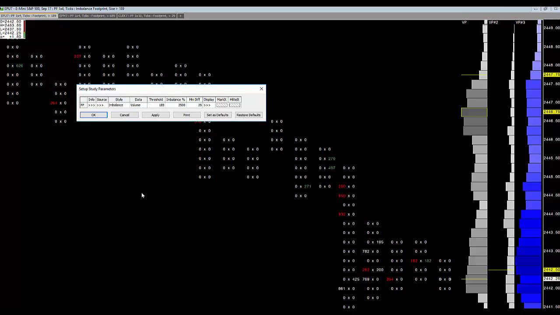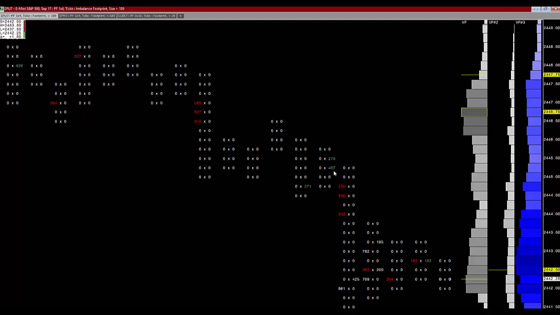So any size that at the same moment in time lifts an offer or hits a bid at or above 189, it's going to show up on our filter. If there's a couple 200 at the same price, it'll show up as 400. So not all of these are one order necessarily.